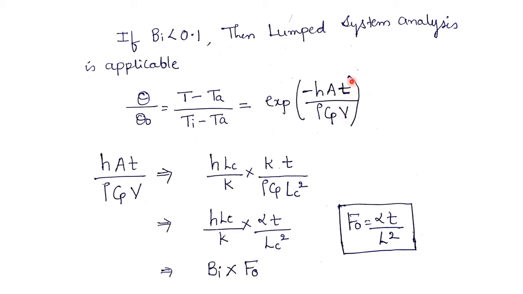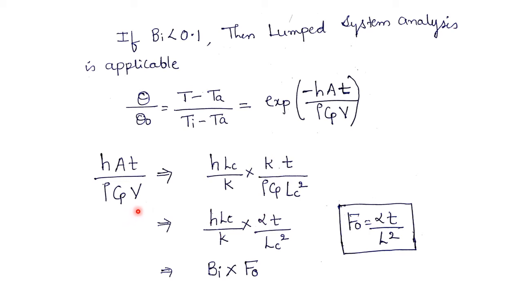Now I want to write the equation for this H into A into T divided by rho into Cp into V in another form, so that the equation does not change.